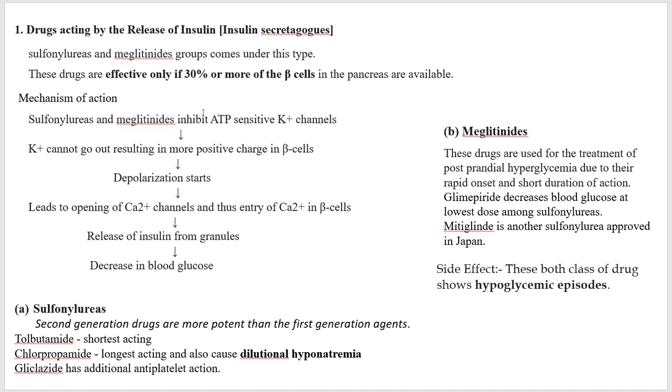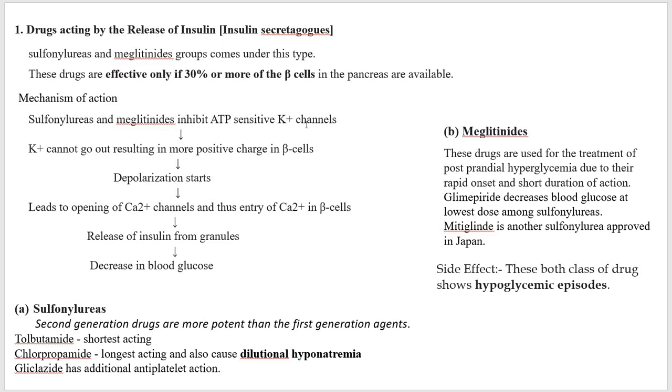The main mechanism is that these drugs inhibit the ATP sensitive K plus channel. In the chemical regulation we saw that when the ATP sensitive channel is in the open state, potassium flows out of the cell. But these drugs act on the ATP sensitive potassium channel and close it.